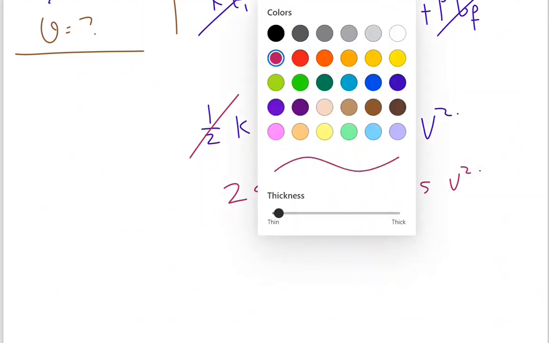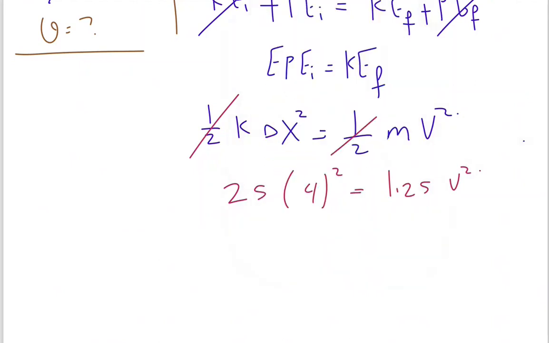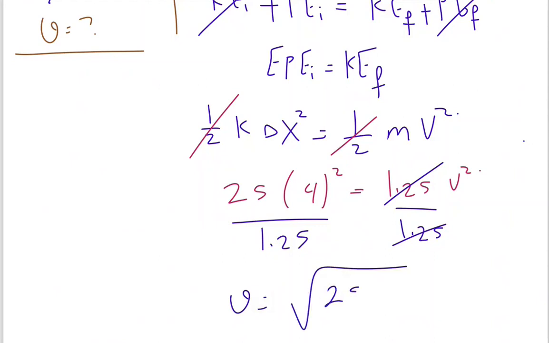I need v squared by itself, so I'm going to divide both sides by 1.25 and then take the square root of both sides. So v will equal the square root of 25 times 4 squared divided by 1.25, and it will give us 17.9 meters per second.